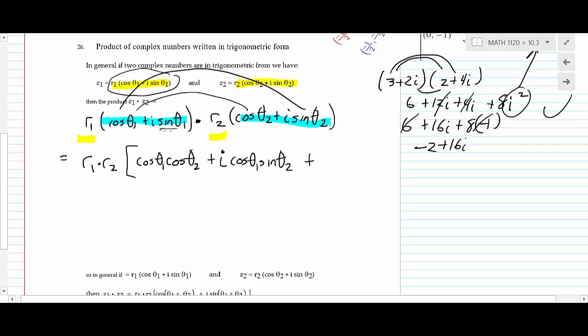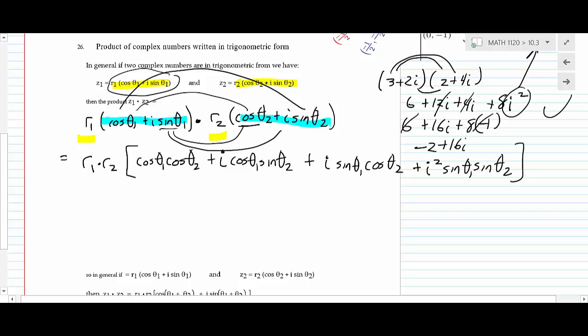You're taking this whole thing by that thing, so that's going to be i sine theta 1 cosine theta 2 like that. Then go to the last term. You have an i times i, so that's going to be i squared, and then you have sine theta 1 times sine theta 2 like that. Okay, I'm doing that pretty quickly because that's just a standard FOIL thing.